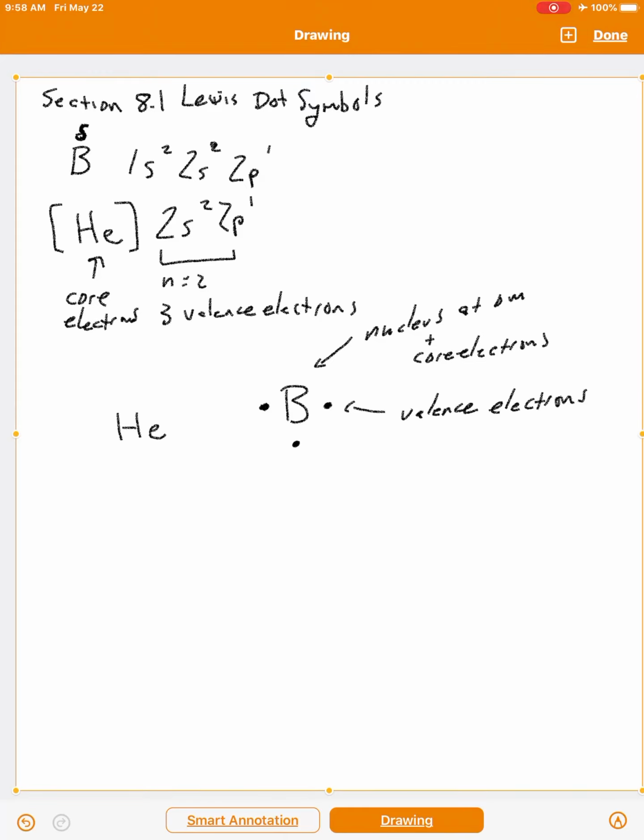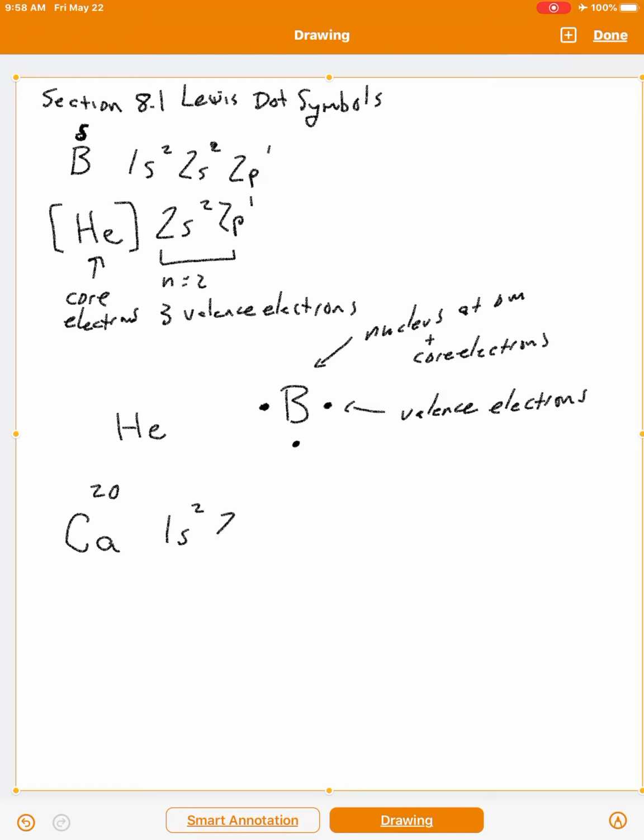Let's say that we're discussing the element calcium. Calcium is element number 20, so it has an electron configuration 1s2.